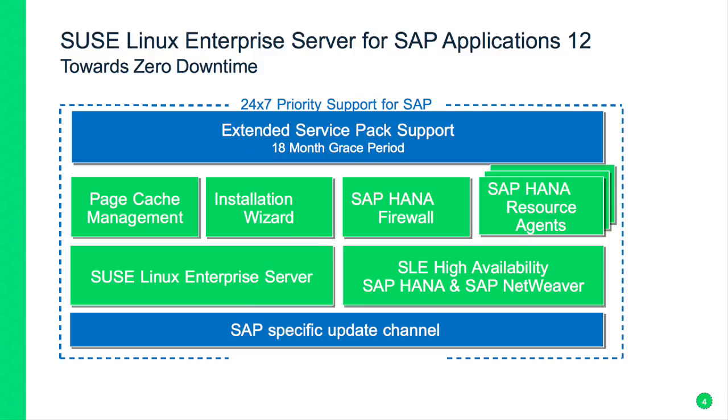And the base of all is really the SUSE Linux Enterprise Server for SAP applications. So it's a bundled solution of our offerings, which we dedicated to SAP customers to make the life of SAP customers easier. So that's where we started with the SUSE Linux Enterprise Server.